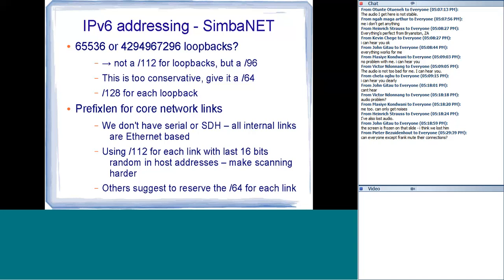So for our specific addressing, one of the first questions that I asked myself was, after first deciding that a loopback address should be a /128, because a loopback address doesn't talk to anything. It doesn't have any other devices on the link.